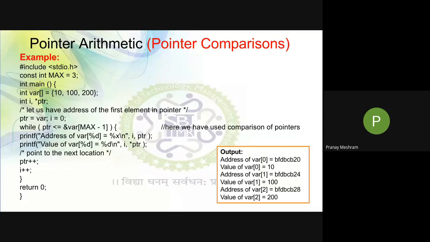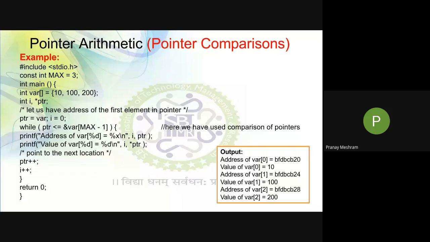Now we have two printf statements inside the while loop. The first printf statement: we have written address of var, then percent d, and we are printing the value of I and then ptr. Basically, we are printing the address here, and then we are printing the corresponding value which is stored at that address.